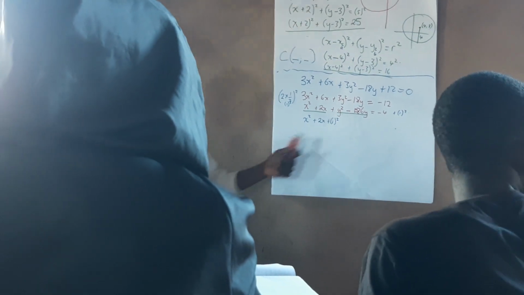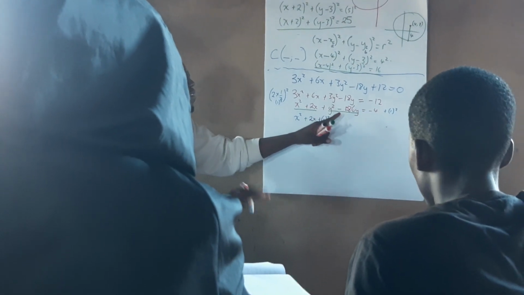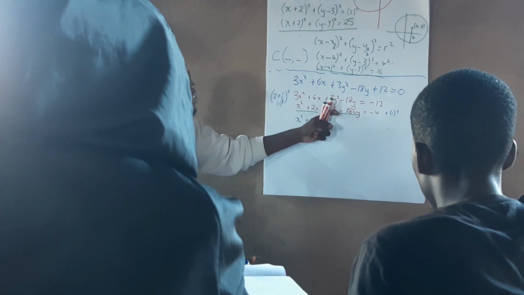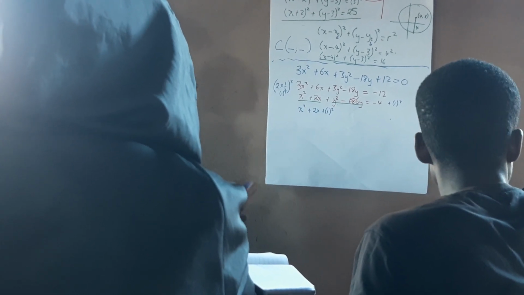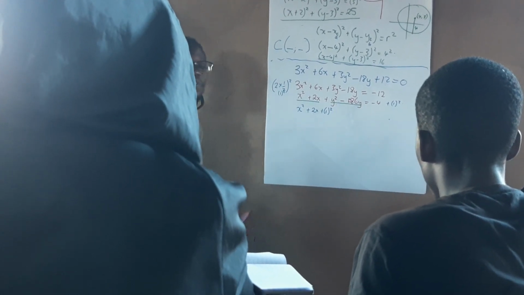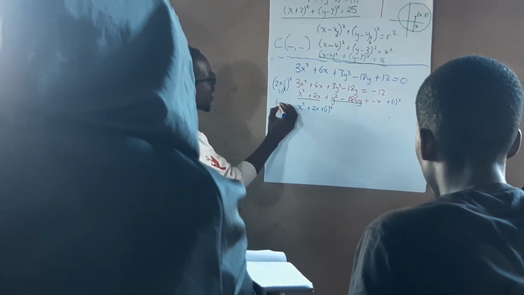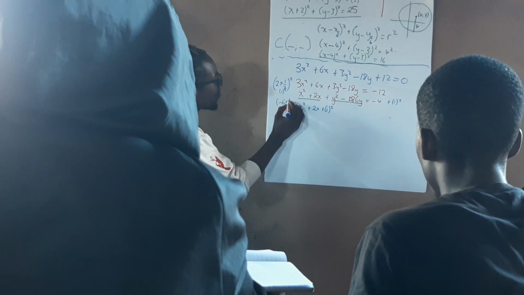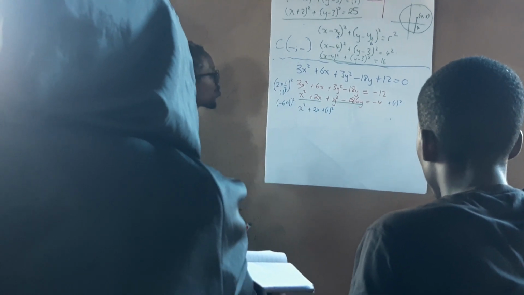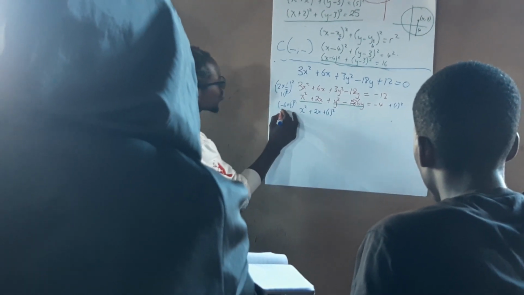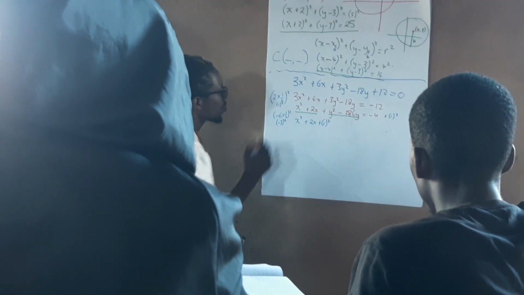What's the next thing? We look for the coefficient of y. What is our coefficient of y? It is negative 6. We take negative 6 multiplied by half and then we square it. So this will give us negative 3 squared.